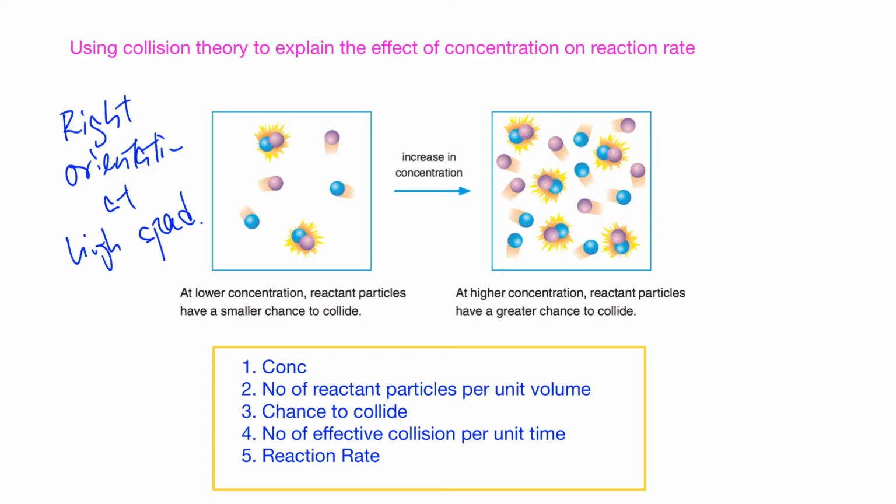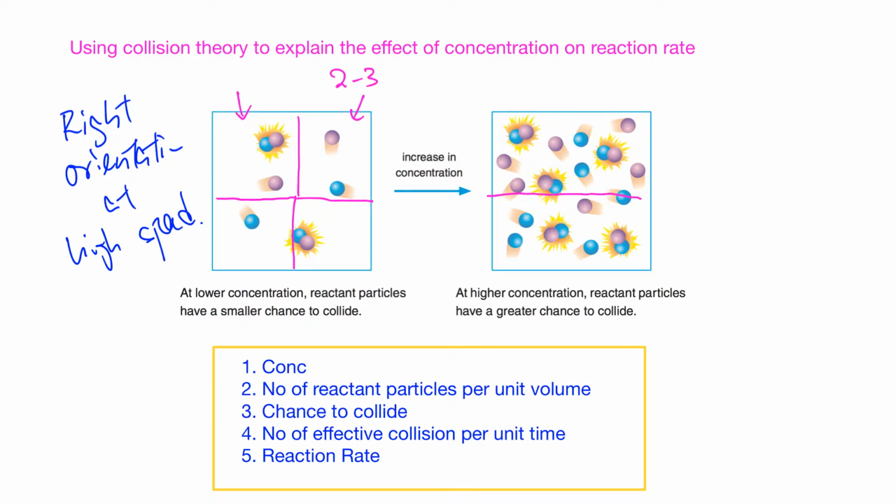If we have a higher concentration, that means they will be crowded, like this one. So we will say that per unit volume, the number of particles will be more. What does per unit volume mean? Say for example here, I just chopped this one into 4 boxes. On average, you'll find around 2 to 3 particles here.